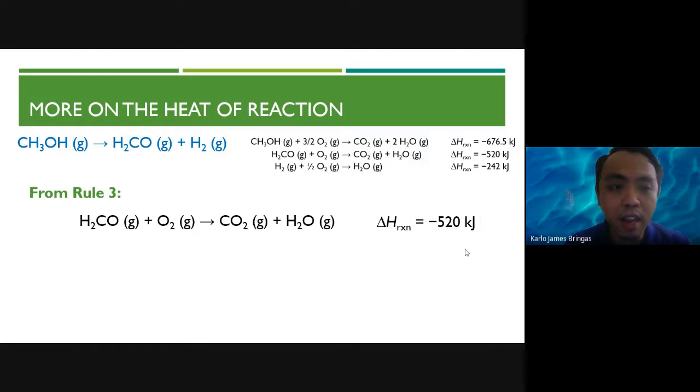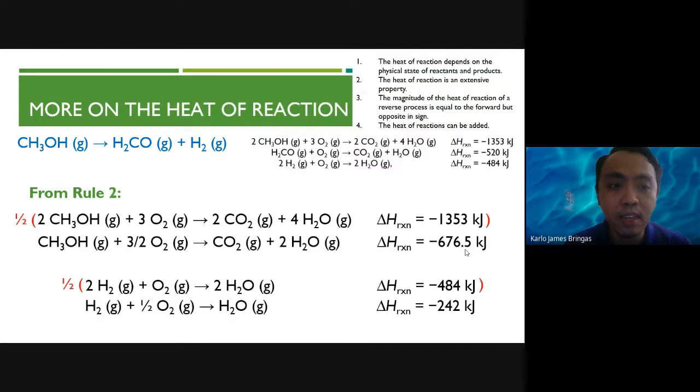And kung babalik tayo dito sa previous na slide, so we're gonna do the same thing as what we've done with H2CO. So meron na nga tayong H2 gas, which is having a coefficient of 1, kaso lang, nasa maling position siya. This hydrogen gas is on the reactant side, while in our target, we want our hydrogen to be on the product side.